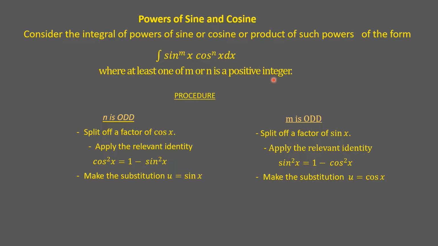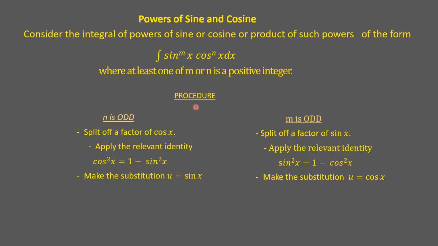Now let us take the case of at least one of these exponents being a positive odd integer. Looking at the case where n is the one that is a positive odd integer, the integral can be transformed into an equivalent form that we can easily evaluate either as power of sine x or power of cosine x.